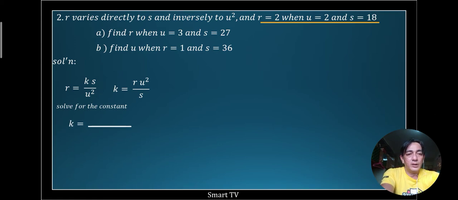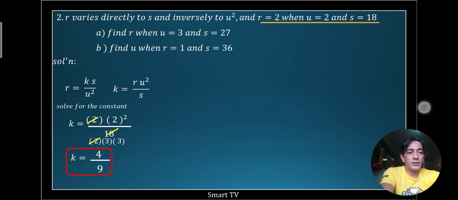So, substituting that to the equation of the constant, yung R natin ay 2. Yung U natin ay 2 pa rin, pero naka-square siya. And then, the 18, yung S. 18 can be written also as 2 times 3 times 3. So, makikita nyo, makakancel na yung 2. And then, wala na. So, ang K natin will be 4 over 9.